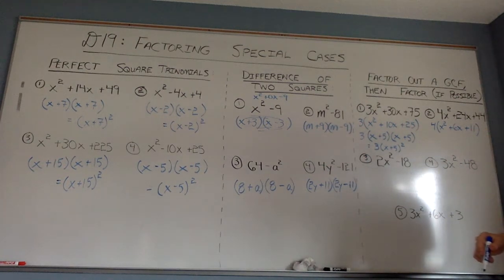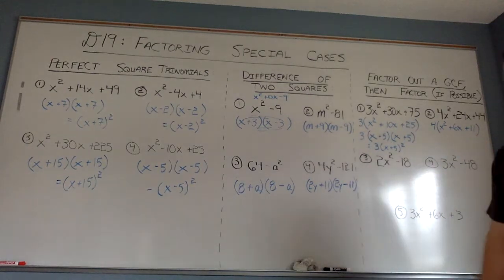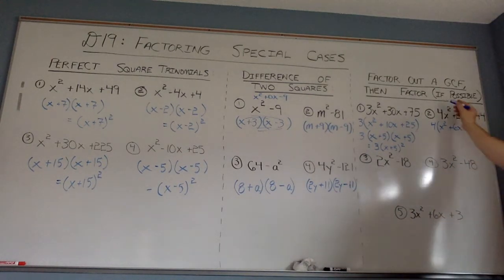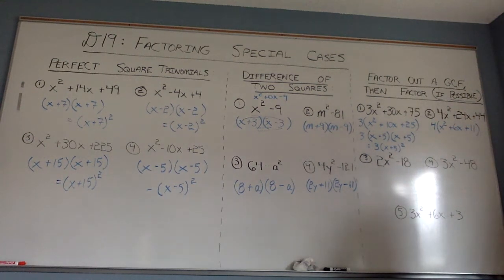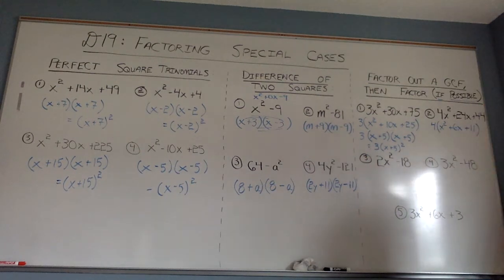Well, 11 is a prime number, so it has to be 11 times 1. Is 11 plus 1 equal to 6? I don't think so. If you read the instructions, it said, if possible. So here, I cannot factor it any further than taking out the greatest common factor. That's as far as I can go.